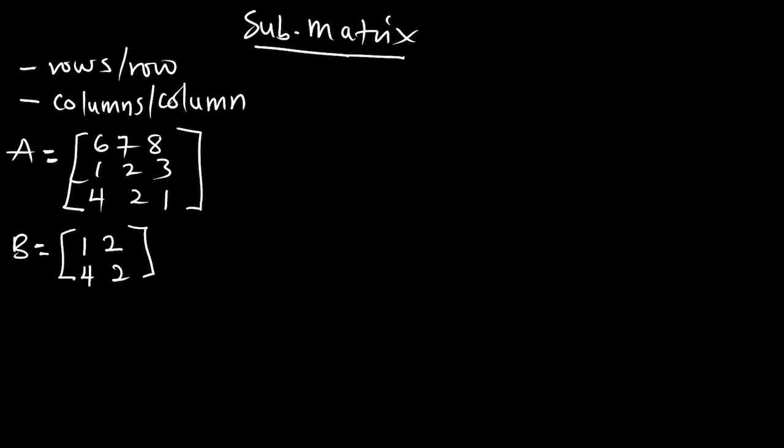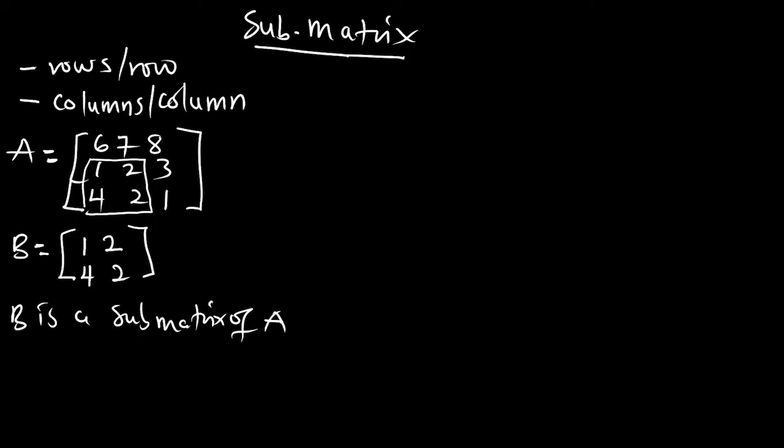This is a sub-matrix of A. So B is a sub-matrix of A. How? Looking at A, this part is what we are using to form matrix B. So this row is omitted and this column is omitted. Therefore, B is a sub-matrix.